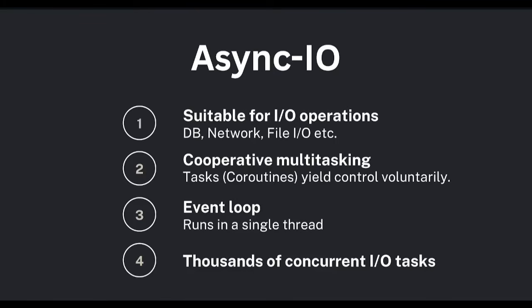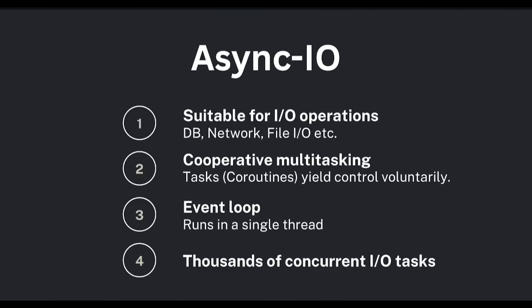It is a loop running in a single thread, generally the main thread, and it waits constantly for I/O events to occur. As the events occur, the event loop adds corresponding tasks or coroutines to the ready task queue. The coroutines are processed in FIFO order, first in, first out order.